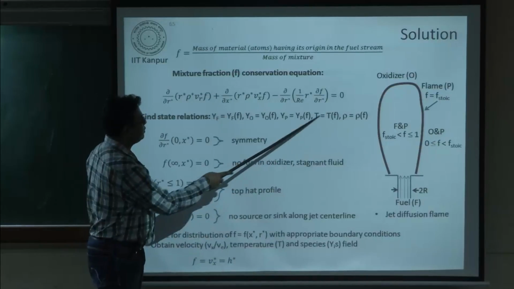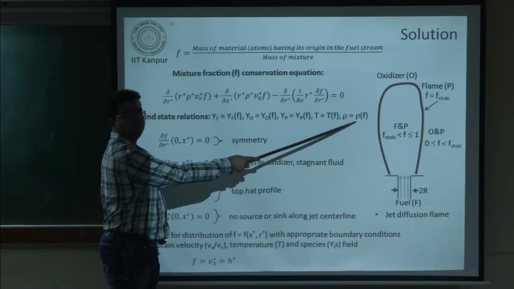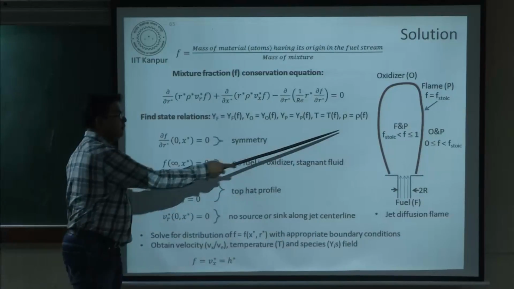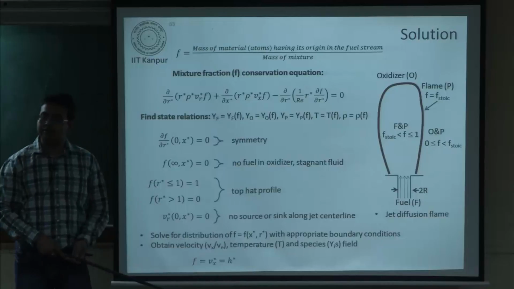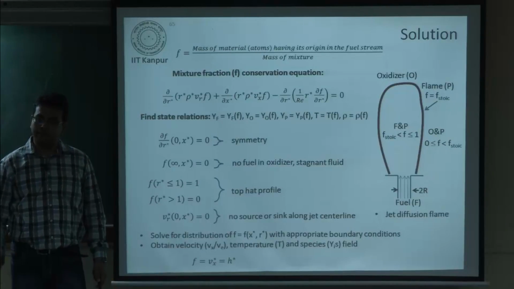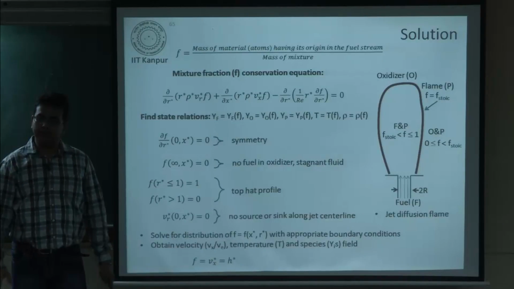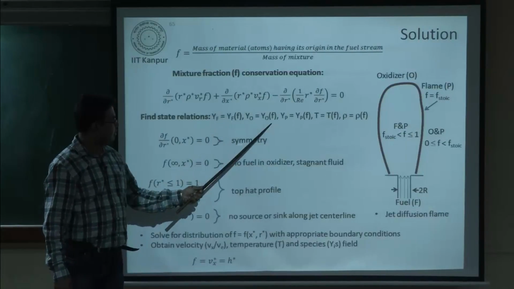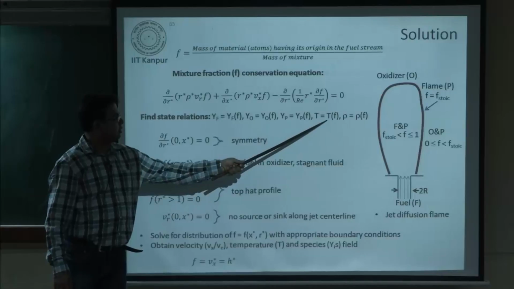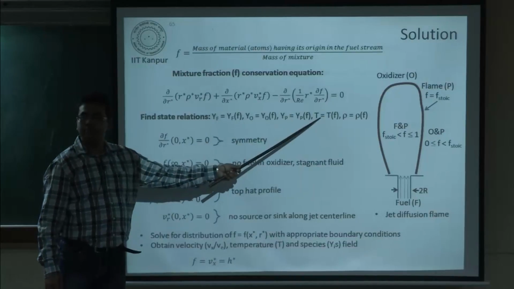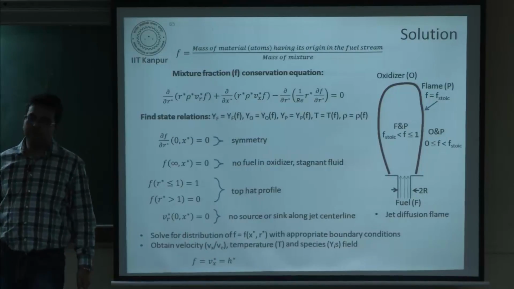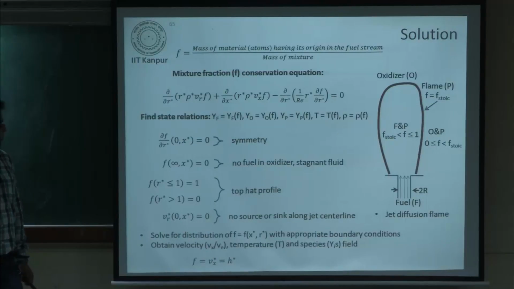If we know all this, then we know the density in terms of f, and density is needed to solve the continuity equation. So if you know Y and T, you can calculate density, and that will be fed into the continuity equation.